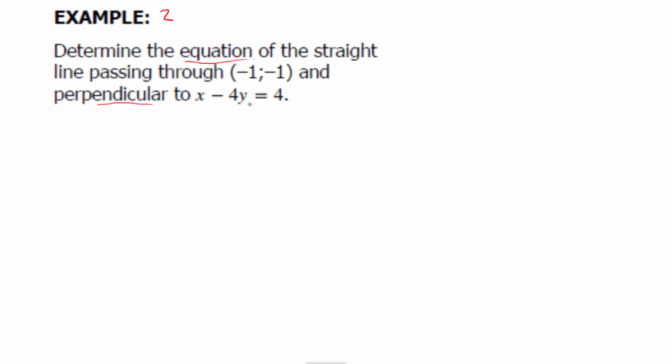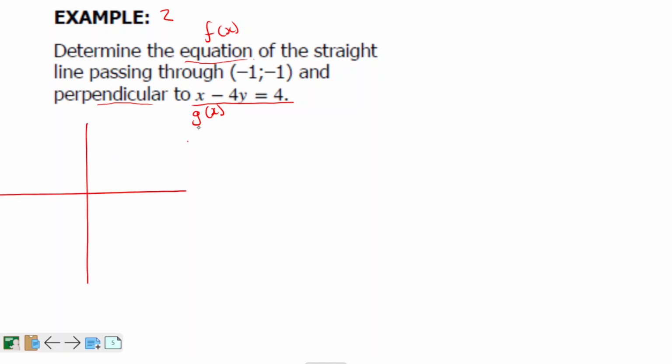I'm going to call the equation that we are required to find f of x. Then I'm going to call the equation that we are given here g of x, because there are two lines. There's a line that we are required to find, then there's a line that we are already given. So if you have time, you can draw the straight line graph that you are given here.